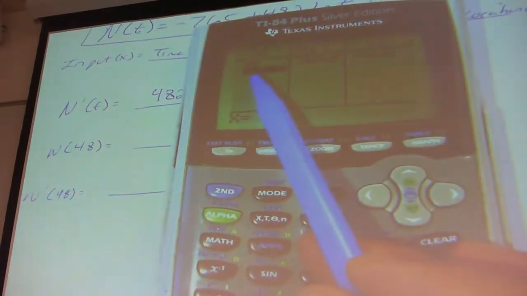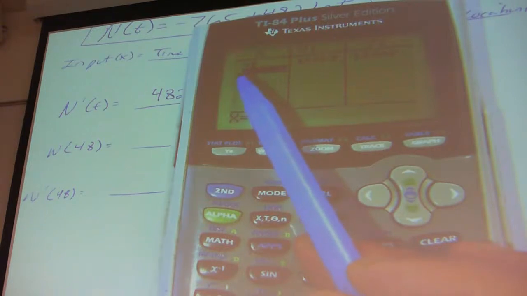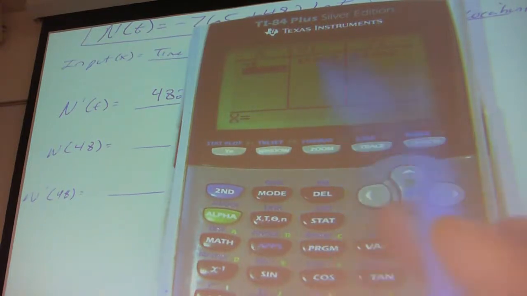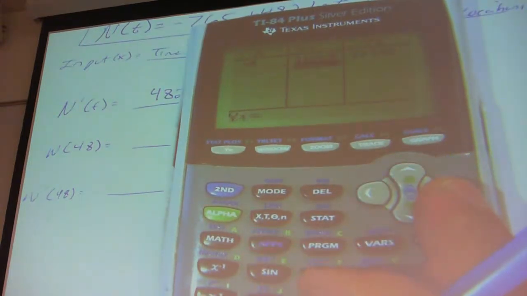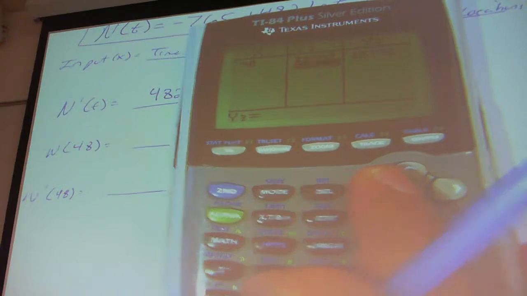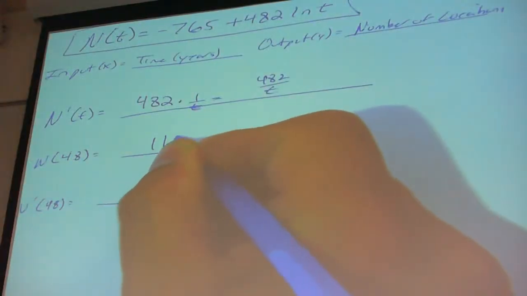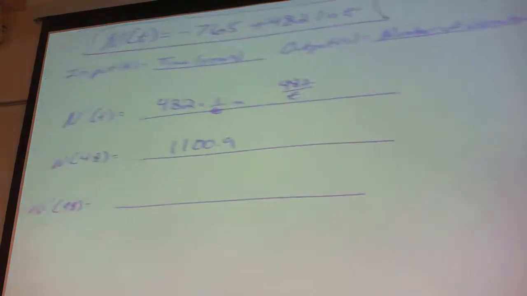Now we plug in 48. What's 48 again? 48 years. So 48 years have gone by. Now y1 is 1,100.9. y2 and y3 match. That means I did it correctly. So first of all, let's deal with this. When I plug 48 into the original, I get 1,100.9. What does that tell me?